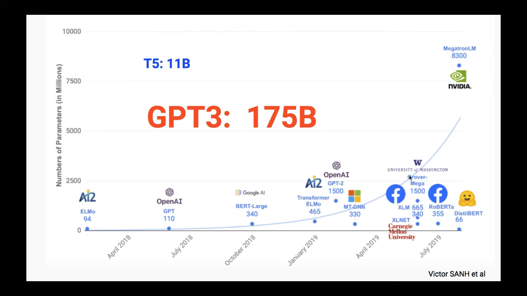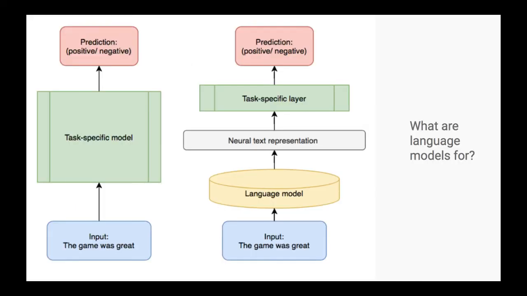But in terms of architecture, GPT-3 uses exactly the same architecture as GPT-2, and is not much different from the other models, apart from autoregressive versus bidirectional. Okay, so we talk so much about language models, but what can we use them for?